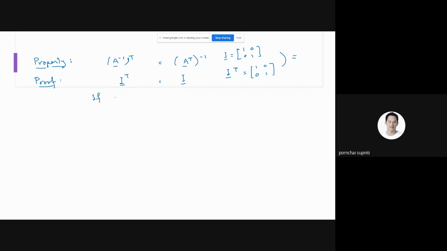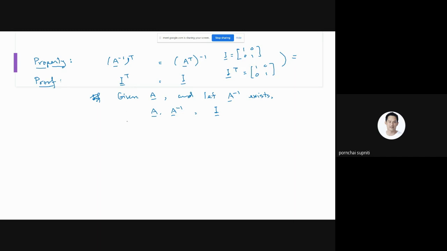Given a matrix A, let A inverse, which is the inverse of A, exist. So A multiplied with A inverse equals I. If A inverse does not exist, you cannot prove this.